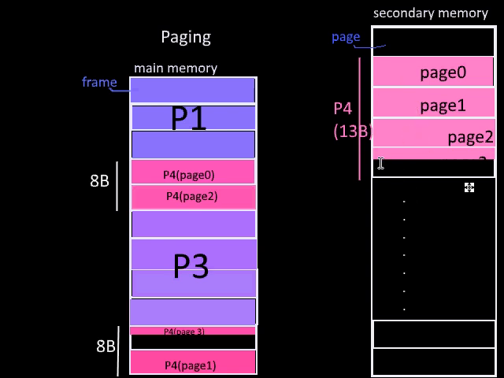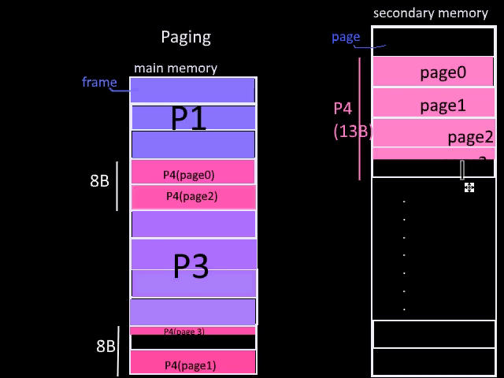So in paging, we have the problem of internal fragmentation if the process doesn't completely occupy the last page. To reduce this problem of internal fragmentation, we should reduce the size of the page, and hence reduce the size of the frame. But reducing the size of the page will increase the overhead to keep track of the pages and the frames, and hence it will affect the efficiency of the system.